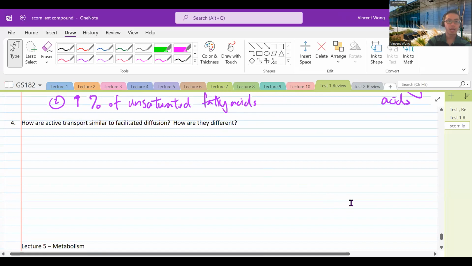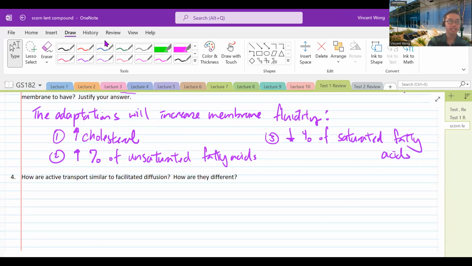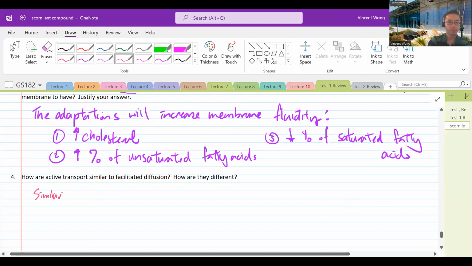Okay, active transport, how is it similar to facilitated diffusion? So, similarity: both require a membrane protein.